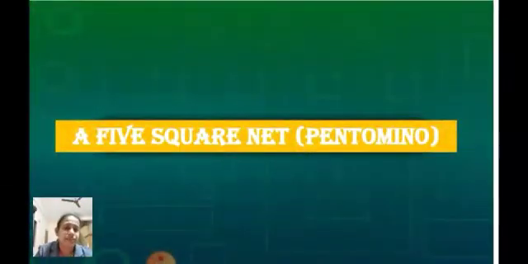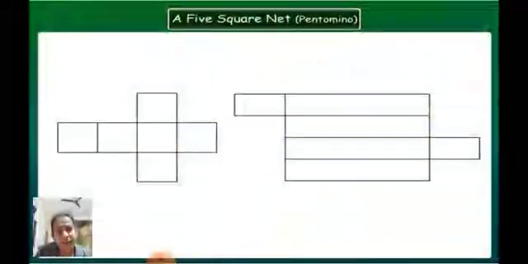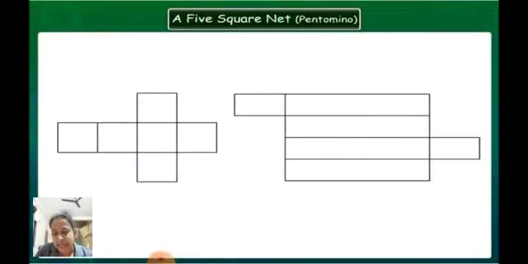Next part of the lesson is a 5 square net. Now we will draw a 5 square net. Up to now, what we have learned is that we have made three-dimensional objects made up of either 6 squares or 6 rectangles. Fine.